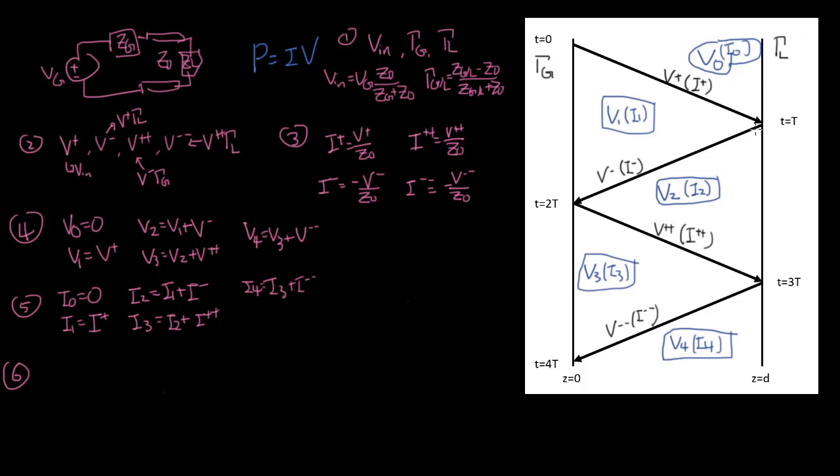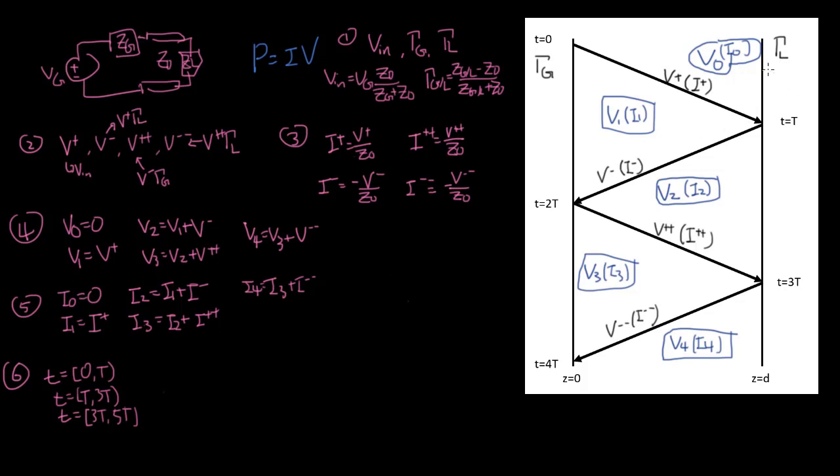You're going to have one value from 0 to T, another value from T to 3T, and then another value from 3T to 5T, which we don't really get to. We would have to go a lot further down.